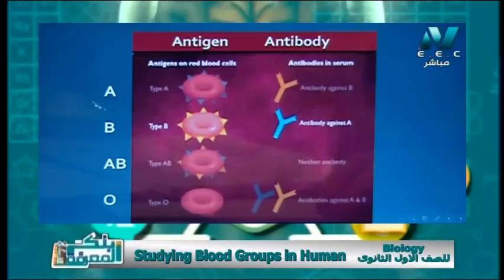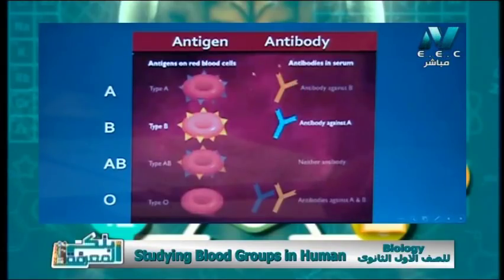The blood group A has antigen type A, and the blood group B has antigen type B. The blood group AB has both types of antigens on the red blood cells, and the type O has no antigens at all. And in the plasma, there are antibodies against the different antigen.